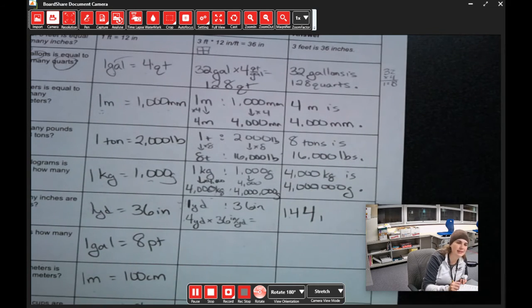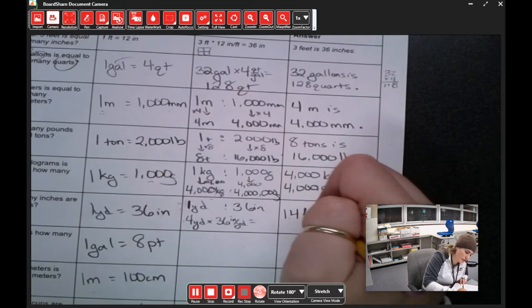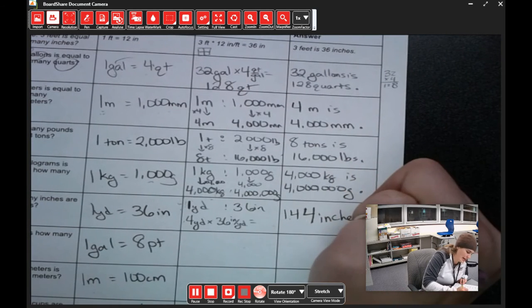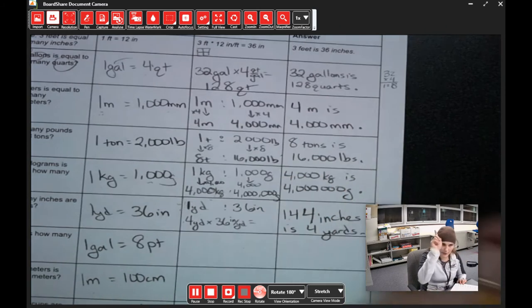I was writing sentences because I was asked to write sentences. All right, 144 inches is 4 yards. That one's backwards, but whatever. Period.